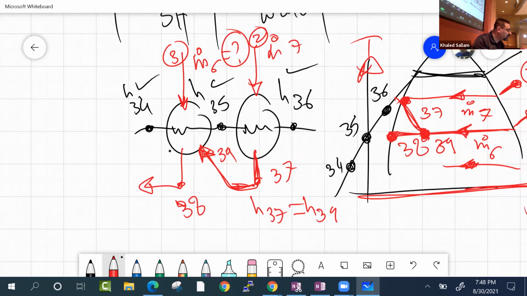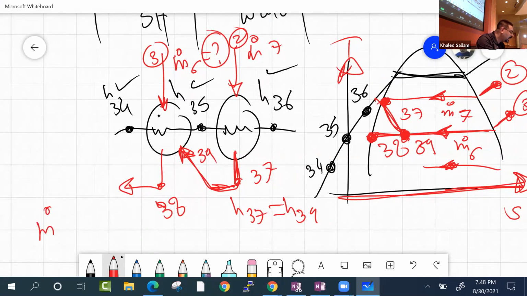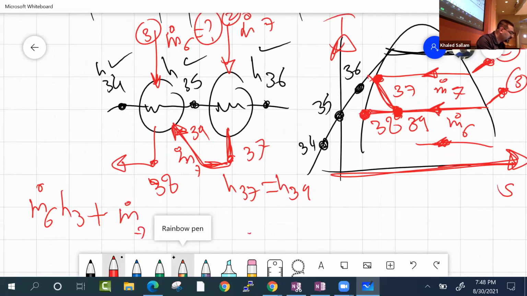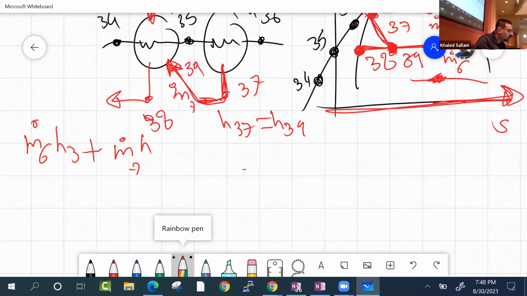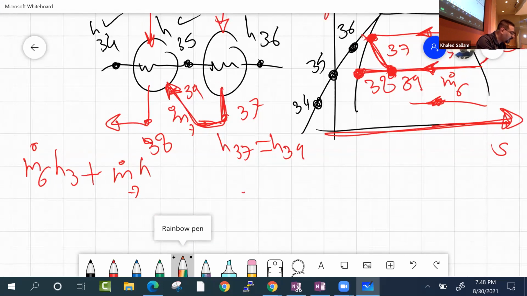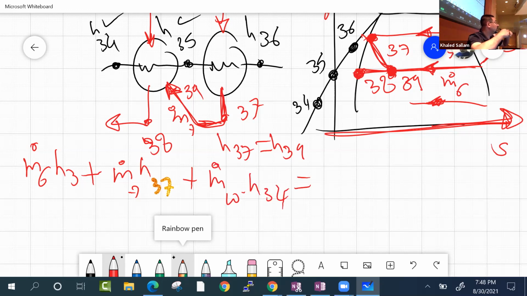So the first law can be written very easily by saying m.6 h3 plus m.7 h37 plus m.water multiplied by h34 equals, those are the 3 inputs.